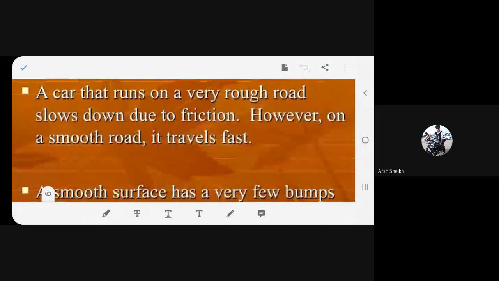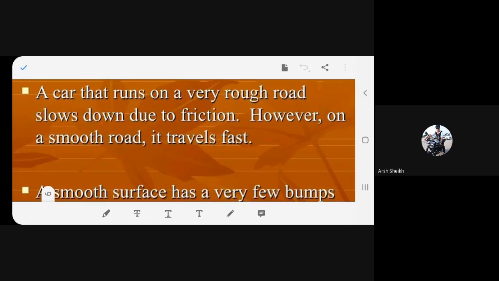Now read another activity. Cars that run on a very rough road slow down due to friction. However, on a smooth road, it travels fast. You agree with this? Yes, ma'am. A car moving on a highway. So the highway has a beautiful road.